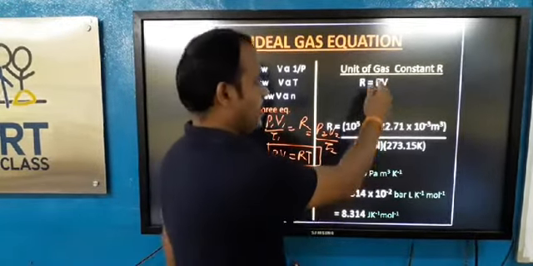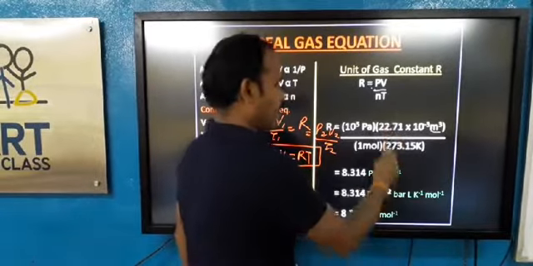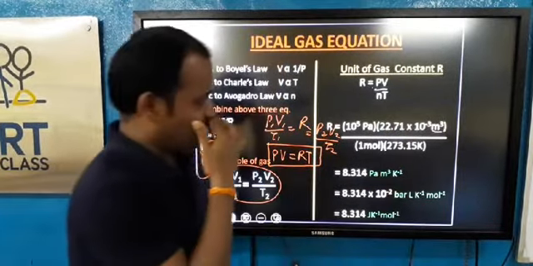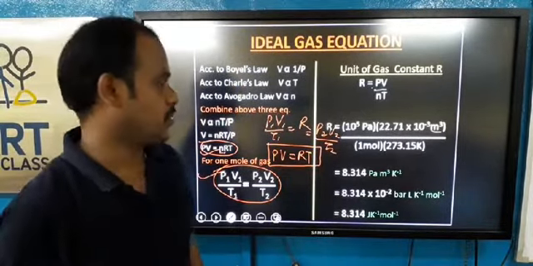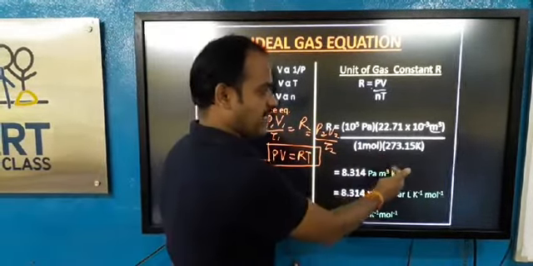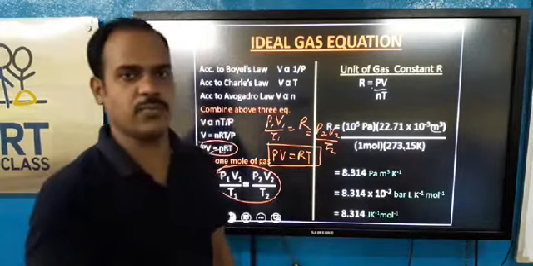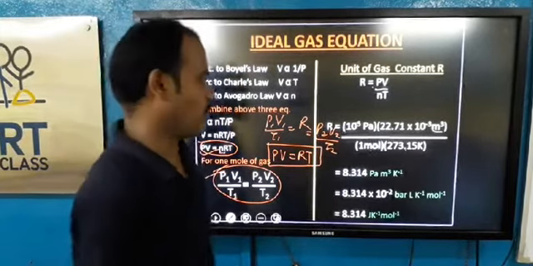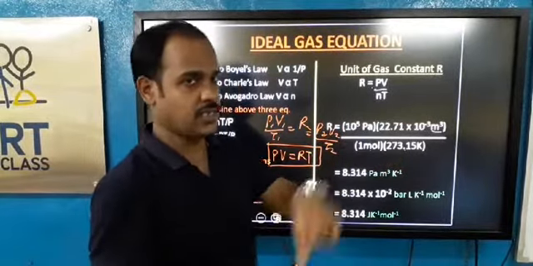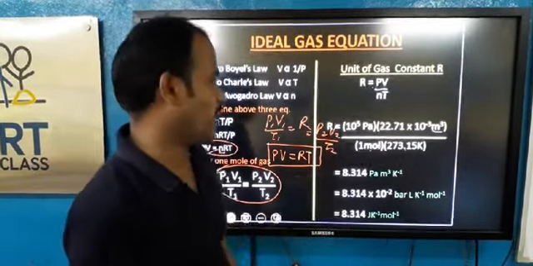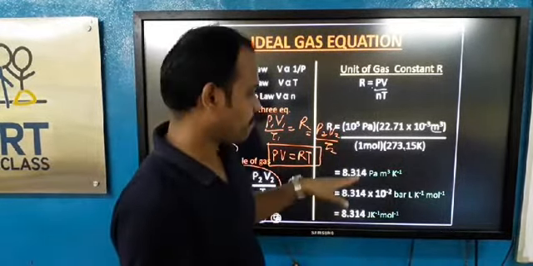In terms of meter, the volume for 1 mole of gas will be 22.71 into 10 to the power minus 3 meter cube, and the temperature is 273.15 K, which means 0 degree C. STP means temperature 0 degree C and pressure 1 bar or 10 to the power 5 Pascal.